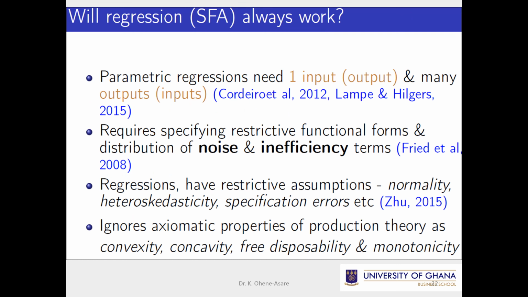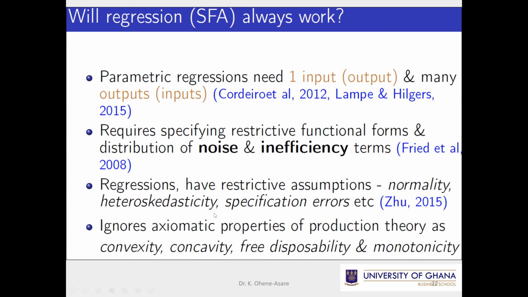In a regression you have the dependent variable and independent variable. The dependent variable is one, which is the output. But what if there are multiple outputs? In fact, there's something we call the stochastic distance function. Even though that can handle multiple inputs and outputs, there are challenges as well. All of these have been discussed by Lampard and Helgers and those papers.